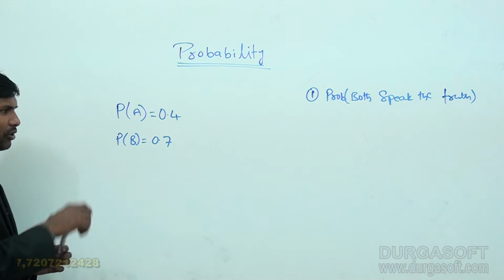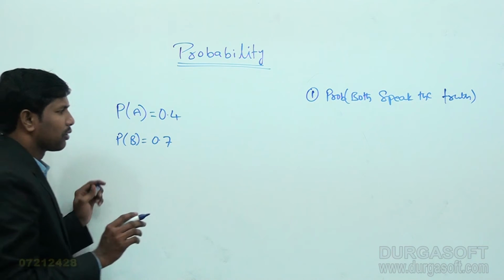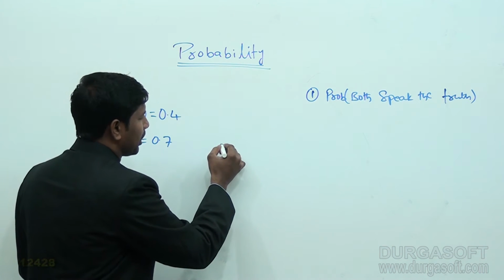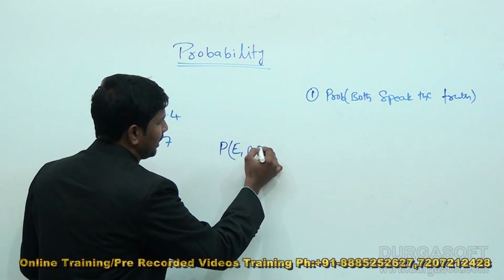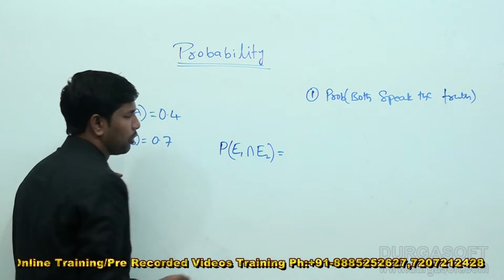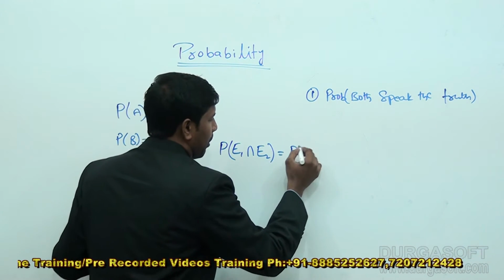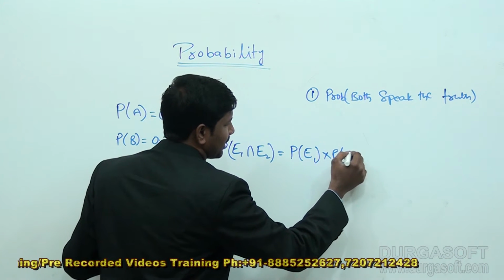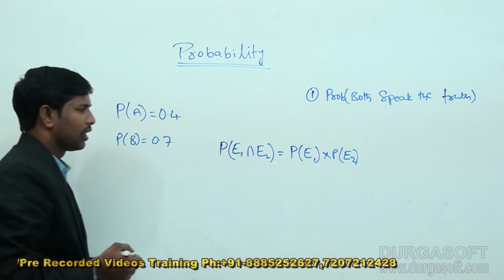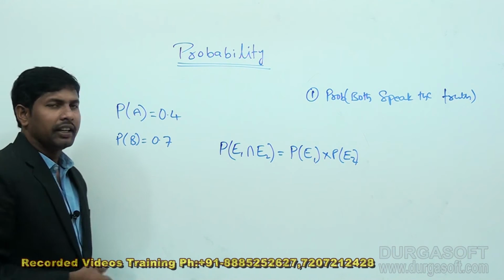For 2 independent events we know that the probability of E1 intersection E2, intersection meaning both at the same time, is equal to the probability of the first event times the probability of the second event.